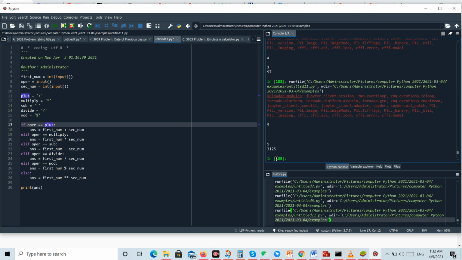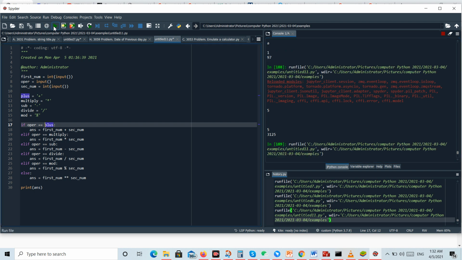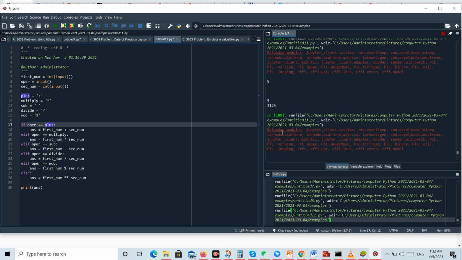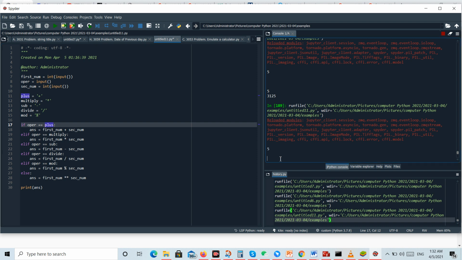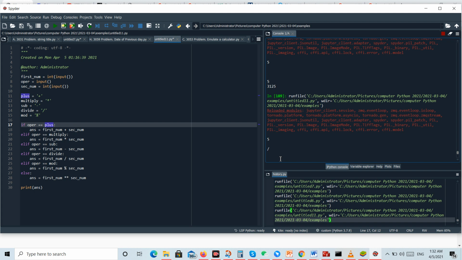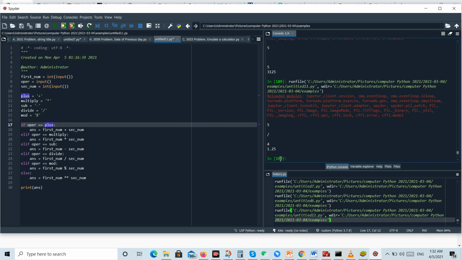Let's say 5 enter, divide, enter, 4 enter. You can see it's coming in decimal, no problem. We're going to fix that soon.